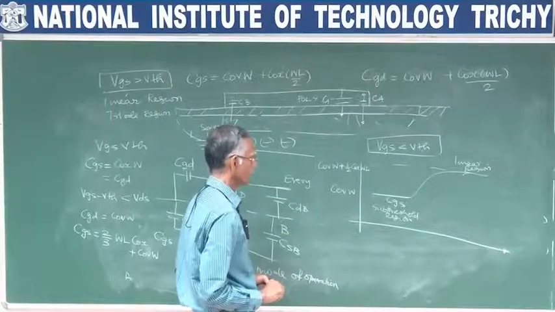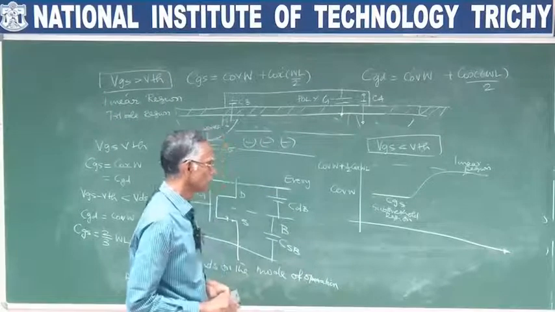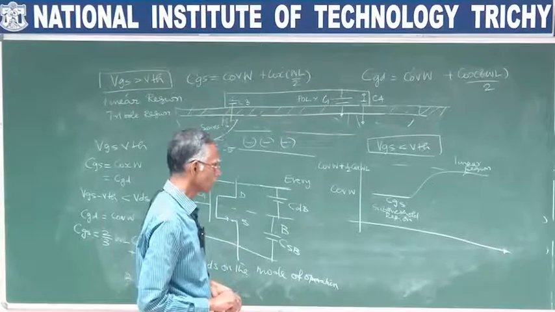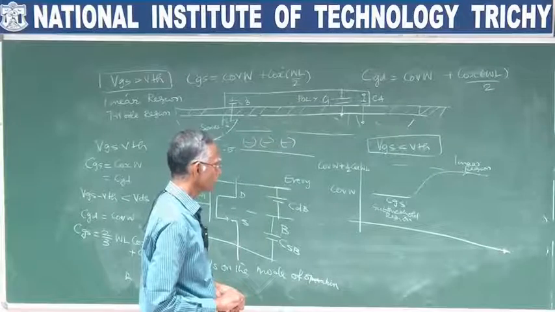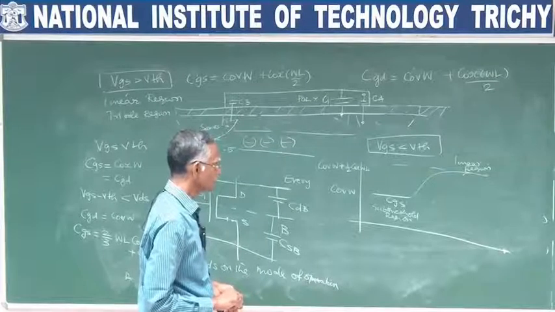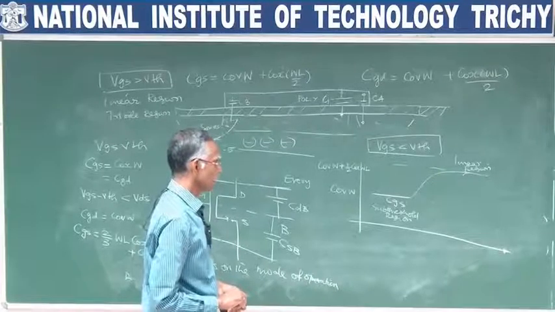Subthreshold region, it is COV into W. It increases to COV W plus half COX WL.